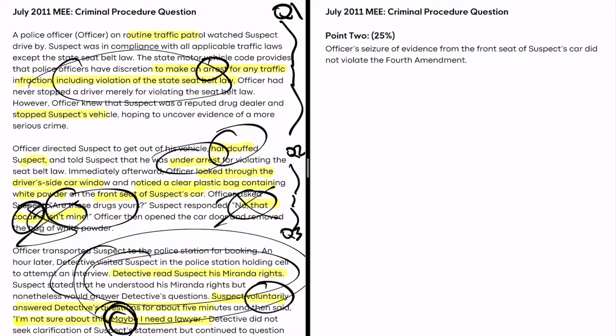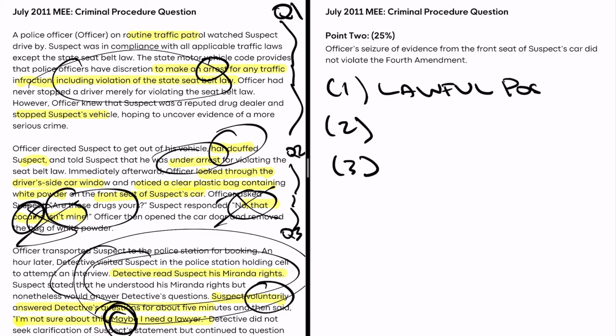Remember, under the plain view doctrine, police may seize evidence without a warrant if three elements are satisfied, right? If the police are basically in a lawful position when they view the object, the object's incriminating character is immediately apparent, right?